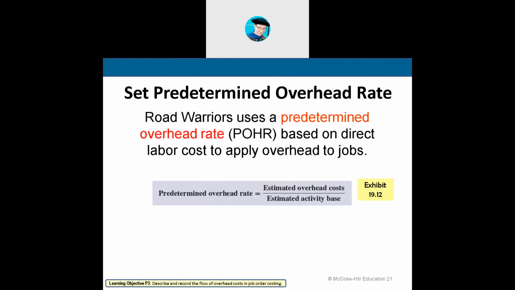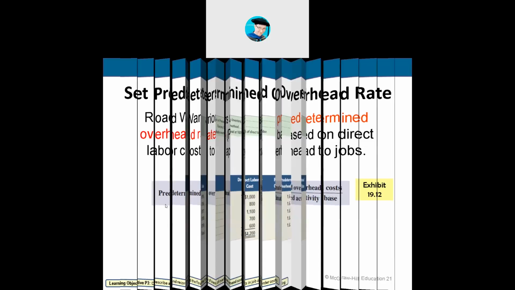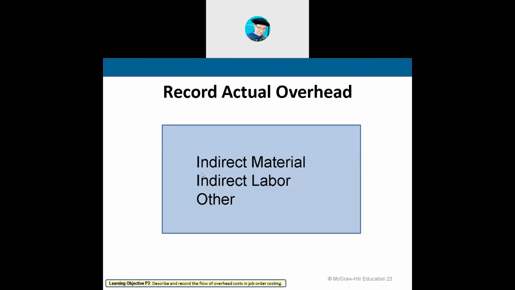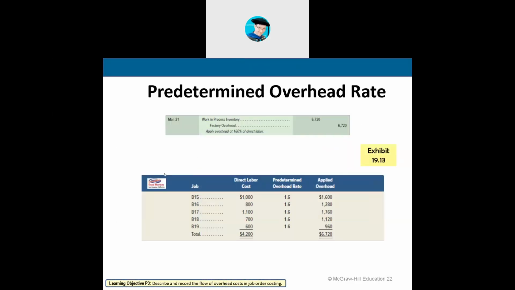First, what is the predetermined overhead rate? It's based on something like direct labor cost that we use to apply overhead to jobs. We find this by taking estimated overhead cost divided by the activity base. And then, of course, we make the adjusting entry to apply factory overhead.